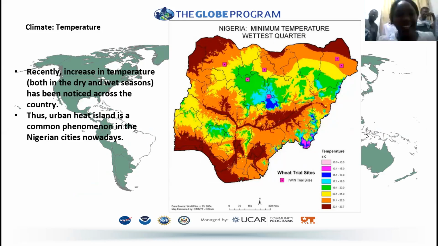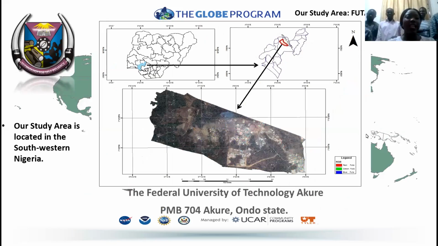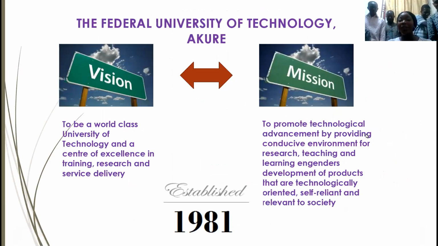Hello, my name is Ojo Abisola. Our study area is the Federal University of Technology, Akure, which is located in the southwestern part of Nigeria. The Federal University of Technology, Akure was established in 1981, and the vision of the university is to be a world-class university of technology and a center of excellence in training, research, and service delivery.